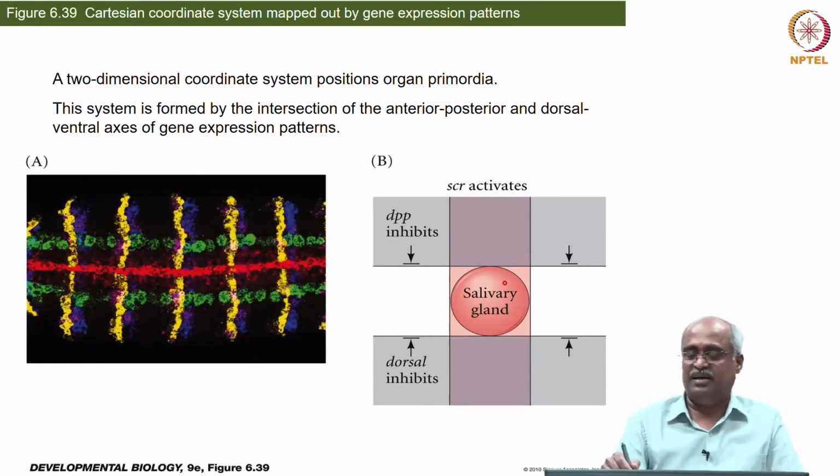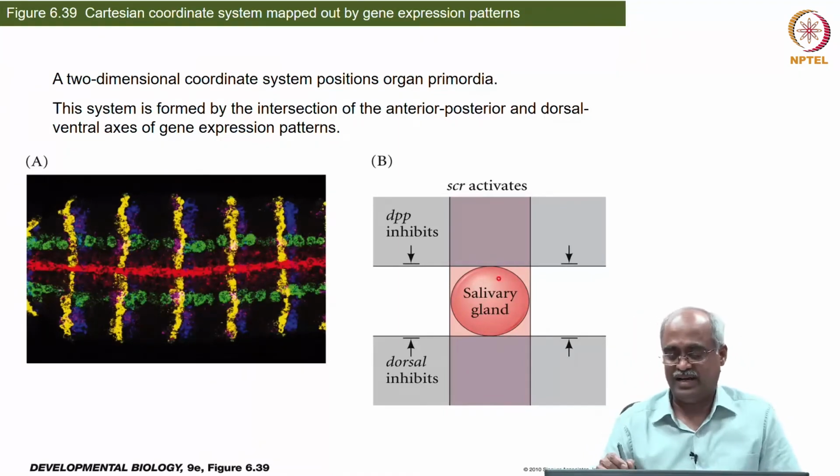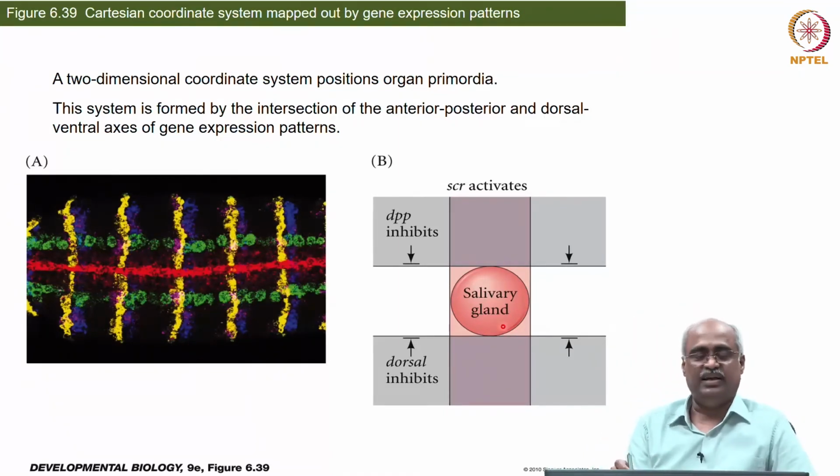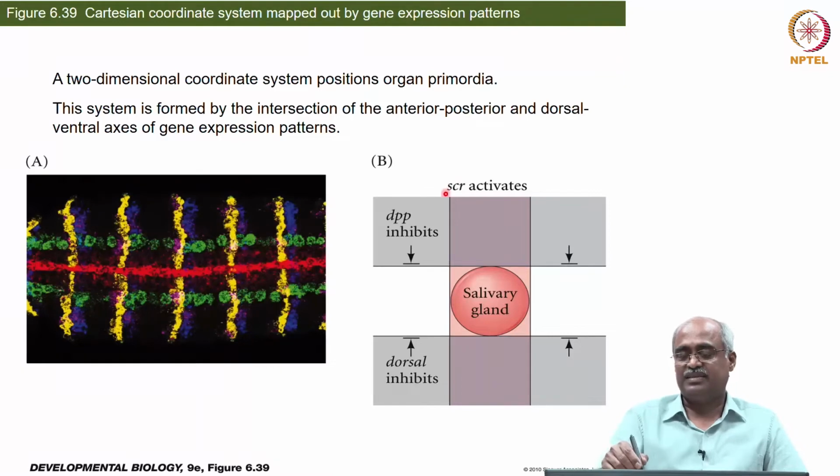That is exemplified by how the salivary gland is specified, as you see in this diagram B. So this SCR gene activates when you look anterior to posterior in this narrow band, and dorsal to ventral is the region where the SCR activates the formation of salivary glands.